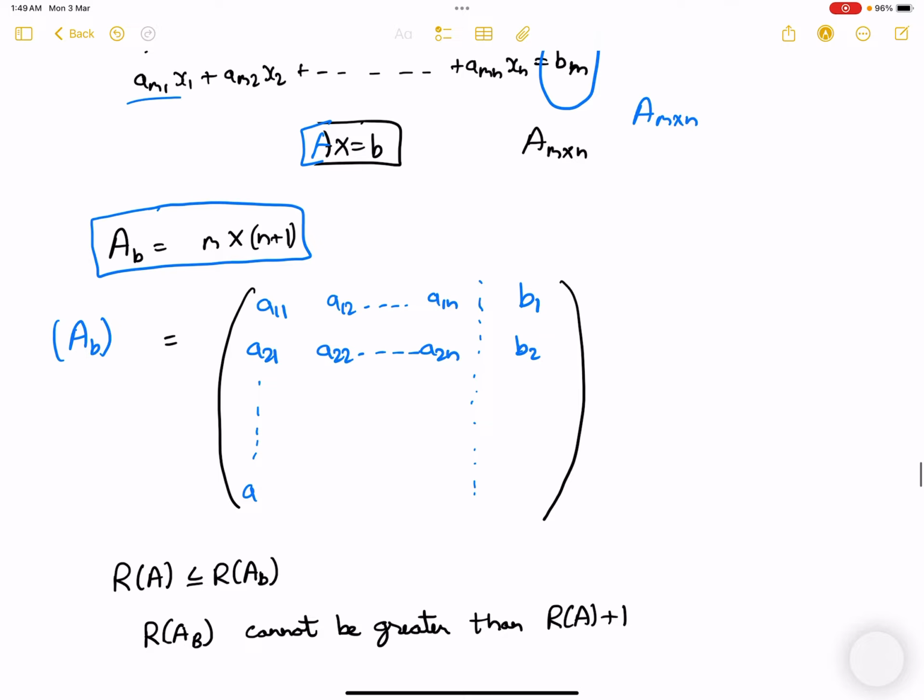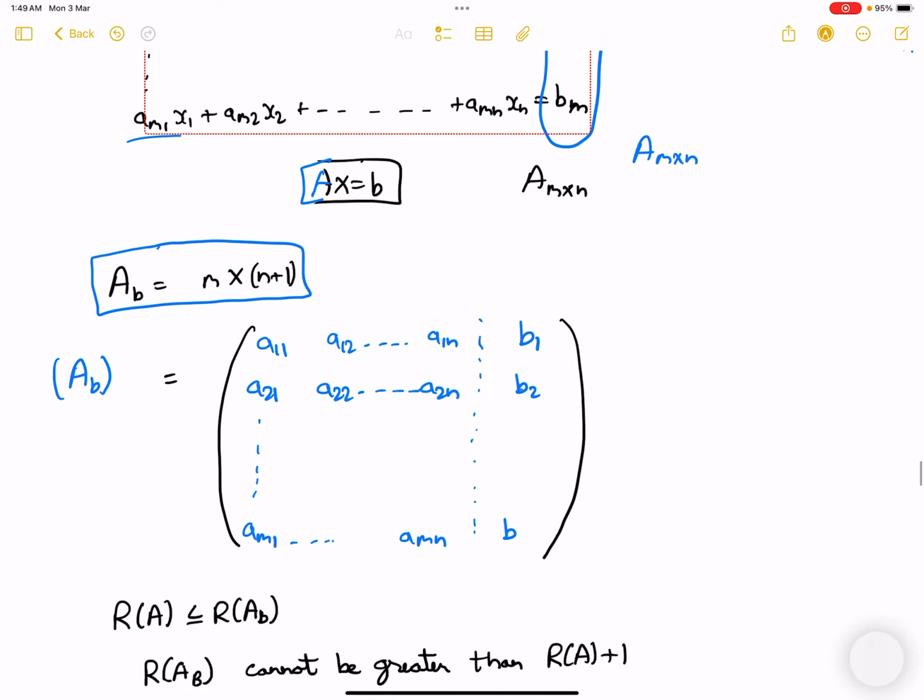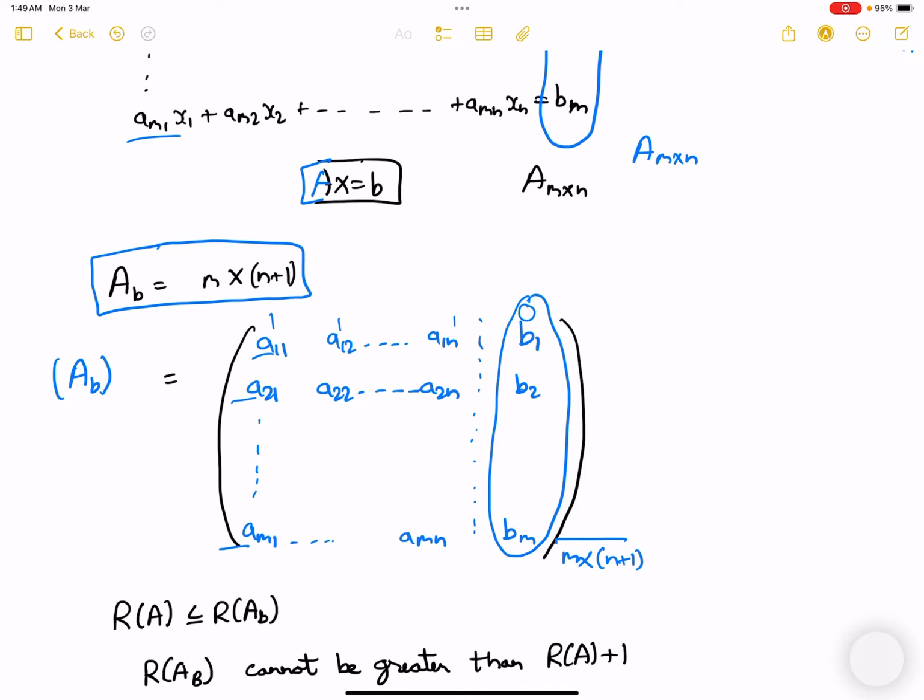Similarly till Am1, Amn, Bm. So now the number of rows is still m, 1, 2 till m, but the number of columns has increased by 1. So this is a new addition. So the order is n plus 1. I hope so far this is clear.